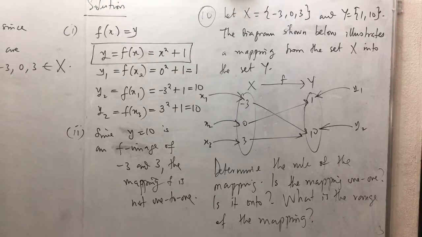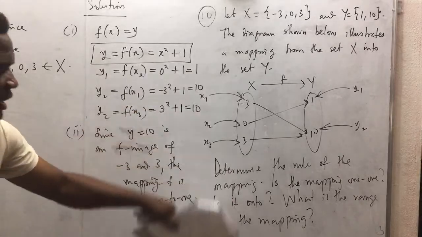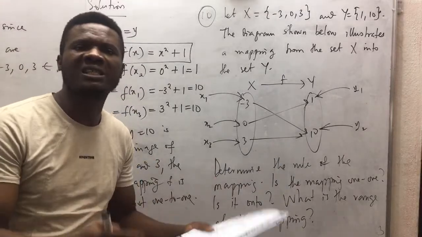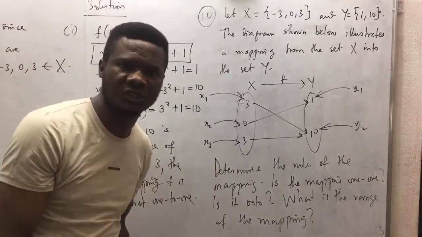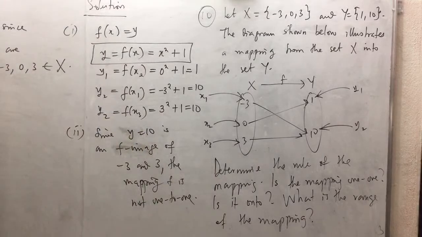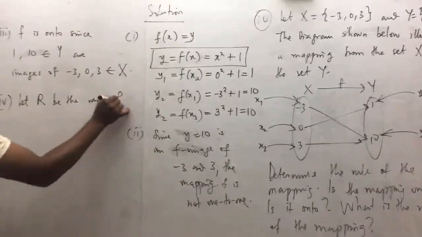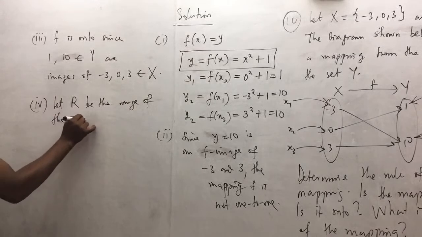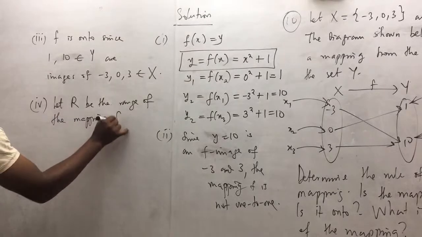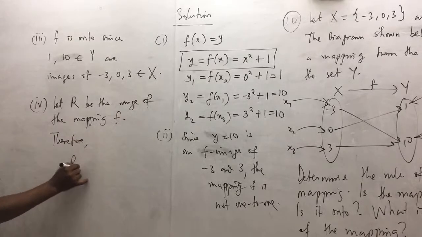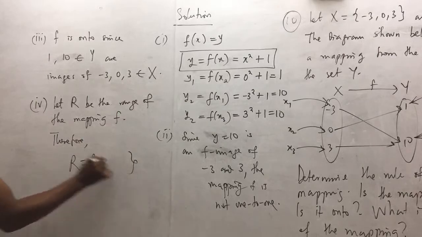Then finally, guys, the last question under question 10 says, what is the range of the mapping? The range of any mapping is the set that contains all the images. So all you have to do here is to say, let R be the range of the mapping F. Then R will be a set that contains what and what.